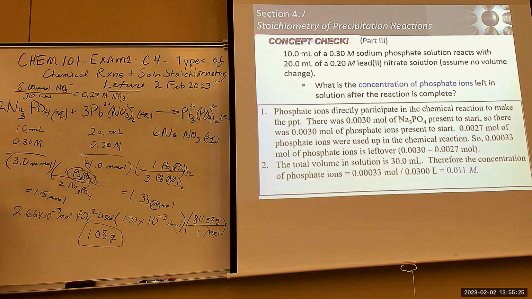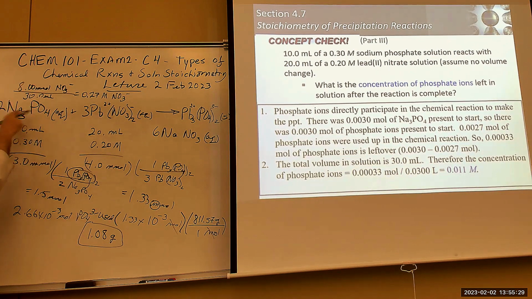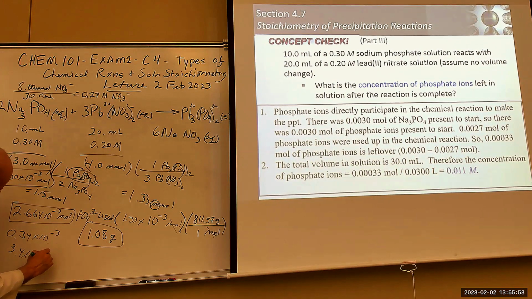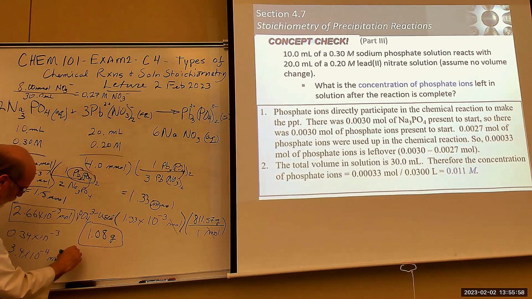Well, we had 3 millimoles, and there's only 1 per molecule, right? So 3.00 times 10 to the minus 3 moles is what we started with, and we used up this much of it. So we've got 0.34 times 10 to the minus 3, or 3.4 times 10 to the minus 4 moles of phosphate remain.